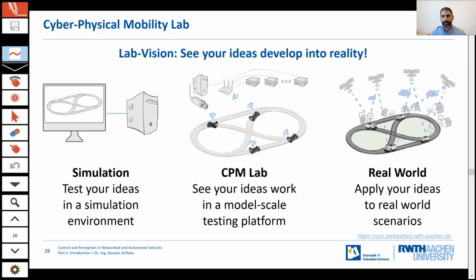Of course, real-world experiments are more exciting, but they are costly. And if you have a number of agents, in this case vehicles, it is not possible for a university to conduct such huge tests. So for us and for you students, it is good to see the ideas, to see the network. This is why we built the lab.